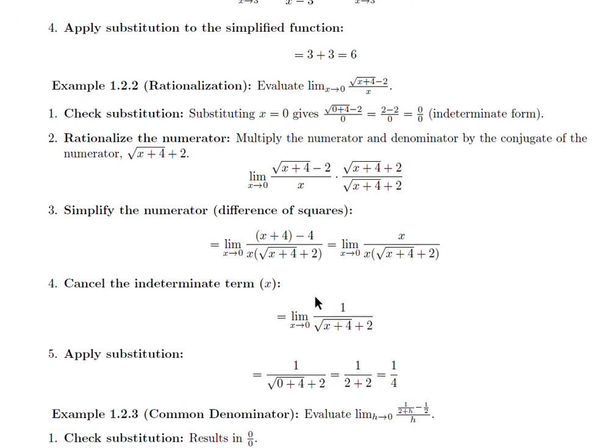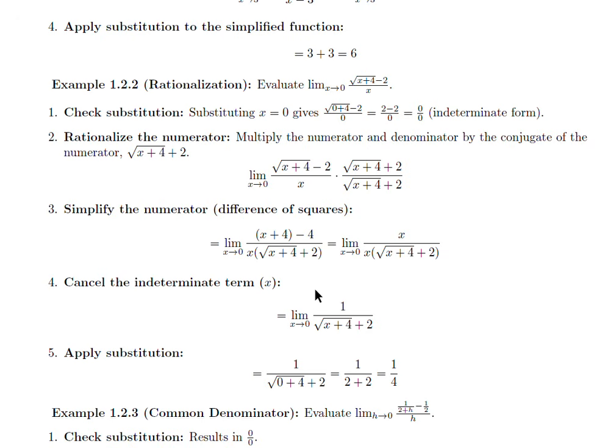Now, a case where rationalization is applied is this example, where we have to evaluate root x plus 4 minus 2 all over x as x tends to 0. Of course, rationalization is applicable wherever we have surds.